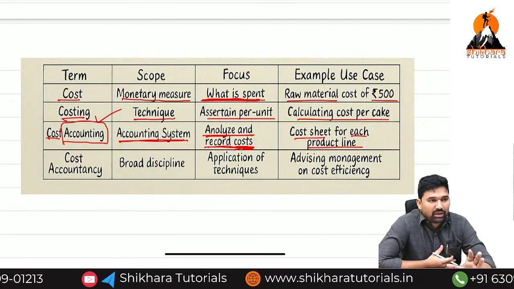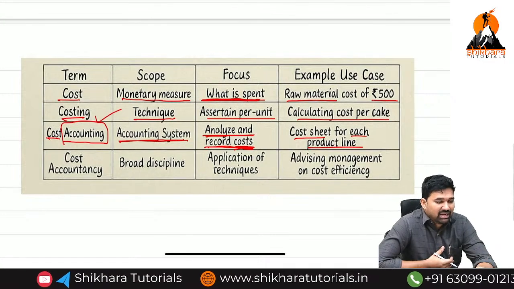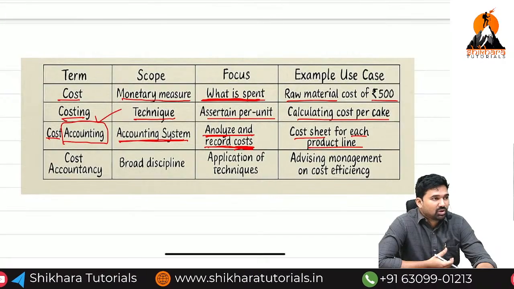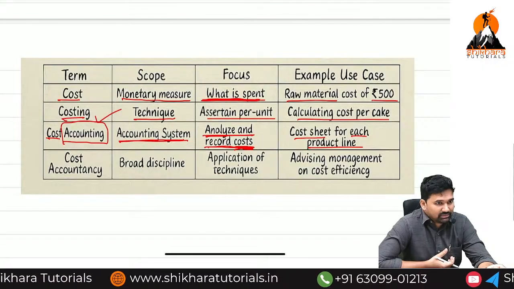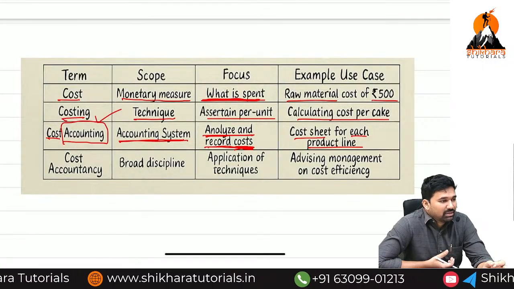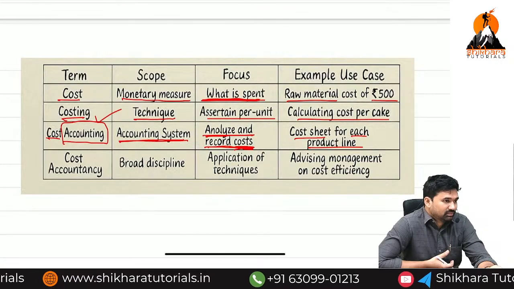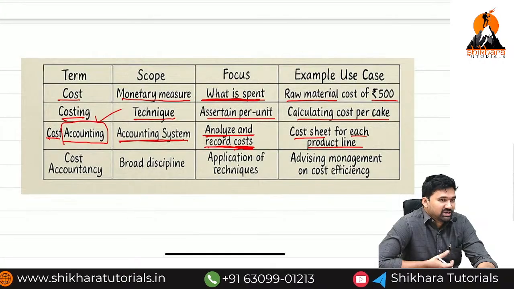But tomorrow I am going to clearly discuss what a cost sheet is and how it will be prepared. A cost sheet will be prepared product wise, product line wise. In order to know each product's cost, we will prepare a cost sheet.